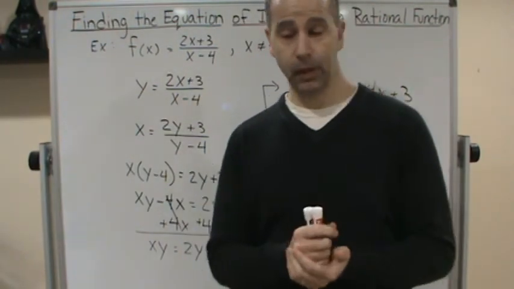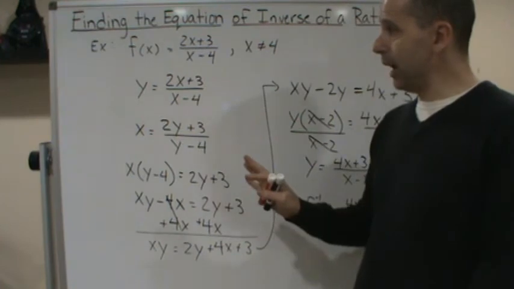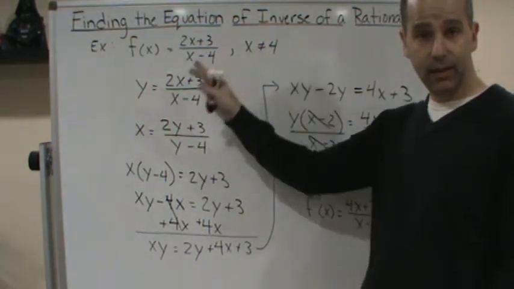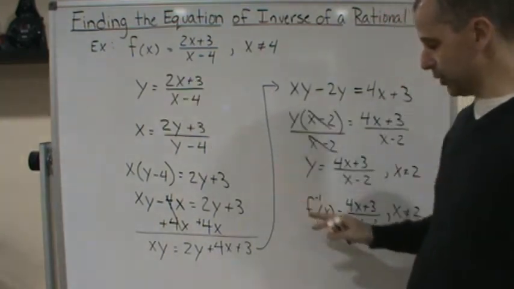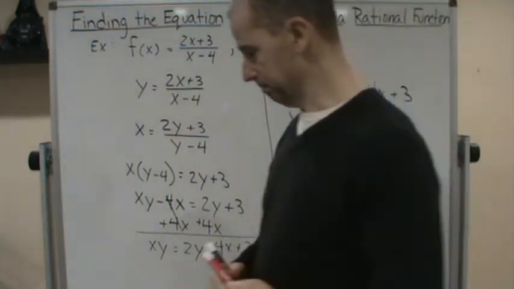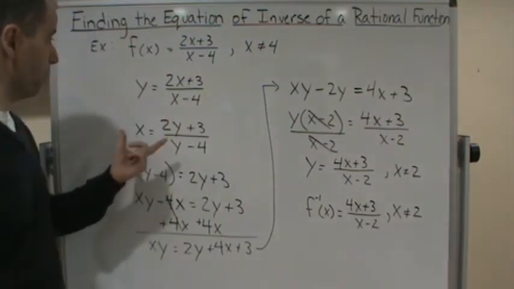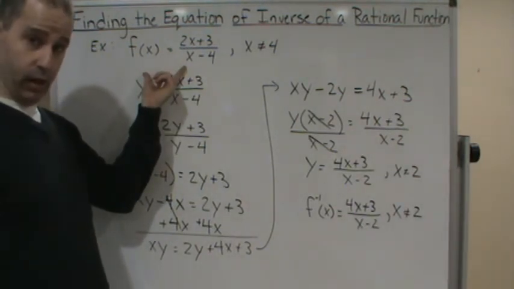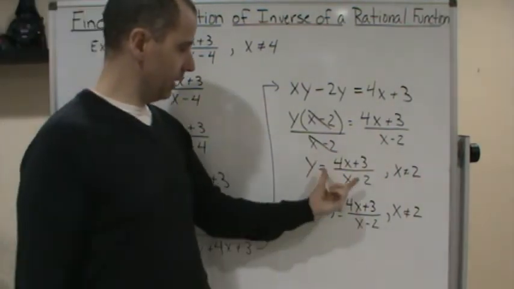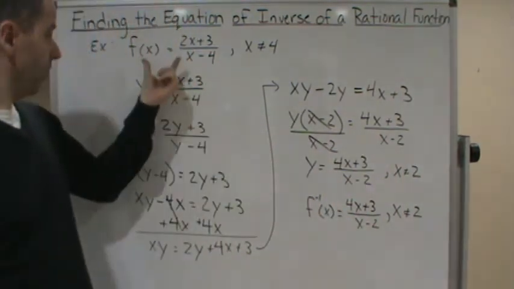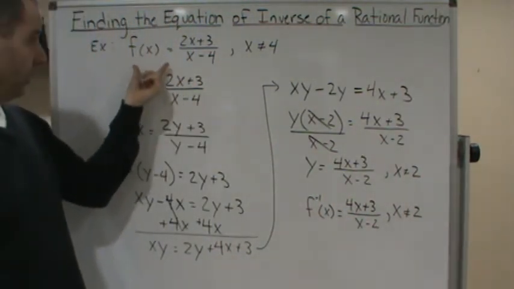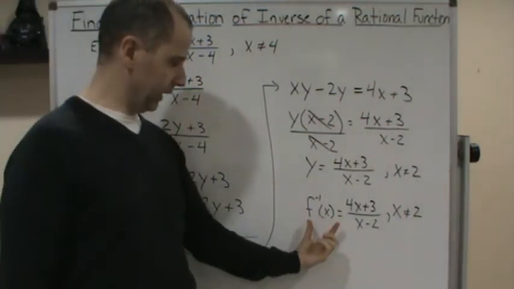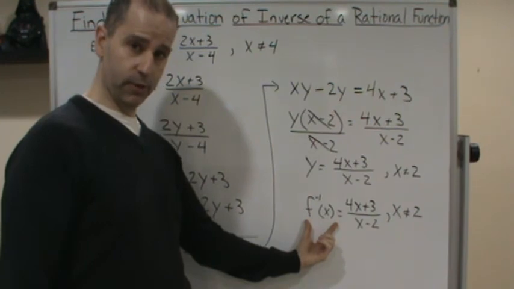Now, one thing that I may not have mentioned, and I want to mention it now, so pay attention. One of the things about the original function and the inverse function is this. The domain and range of the inverse function is the opposite of the original function. So the domain of f of x is the range of f inverse of x.